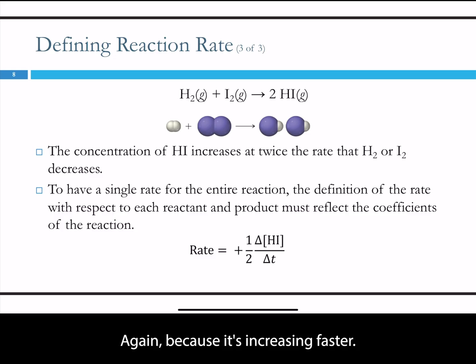Again, because it's increasing faster, to relate it to the overall rate of the reaction, we divide it by 1/2. And whatever fraction goes in there is always going to depend on the coefficient from the balanced chemical equation.